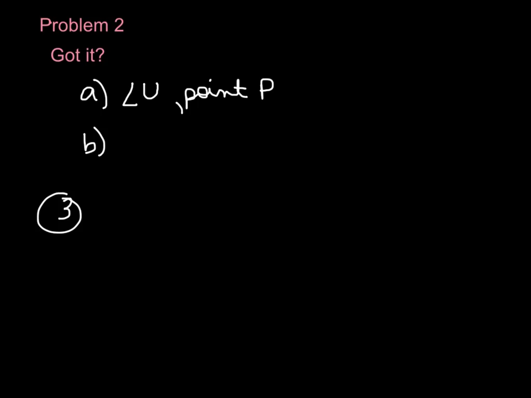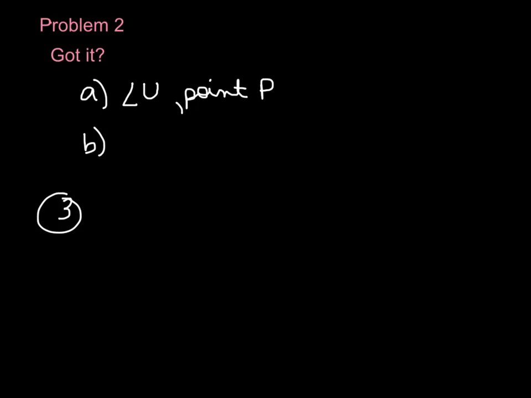Let's do number 3 together under the practice. So in number 3, A says choose an angle or point from the preimage and name its image. So the preimage is just your normal R, T, P, just normal points. Your image is going to be the prime, P prime, R prime, T prime, and so on.